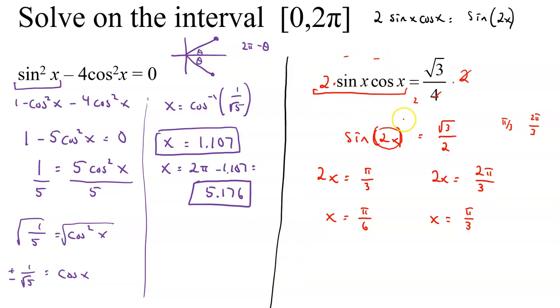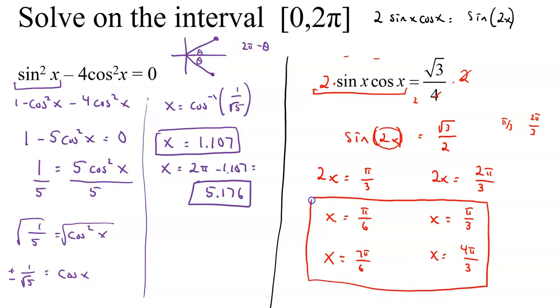So if pi over 6 works, then pi over 6 plus pi, in other words, 7 pi over 6, also works. And if pi over 3 works, then pi over 3 plus pi, which is 4 pi over 3, also works. Which means that this equation has 4 solutions: pi over 6, pi over 3, 7 pi over 6, and 4 pi over 3.